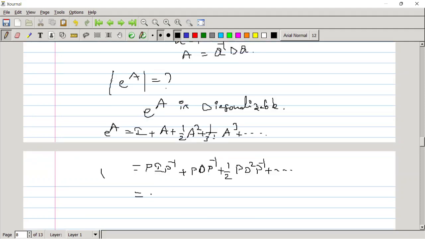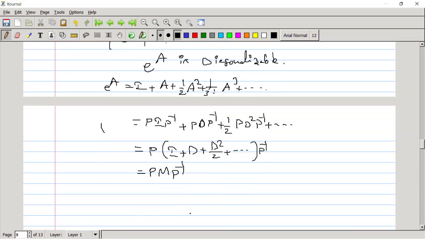So this is equal to P times I plus D plus D square by 2 plus and so on, times P inverse. So this is equal to P times some other matrix, let me write M, times P inverse, where M is a diagonal matrix. So we can say e power A is also diagonalizable.